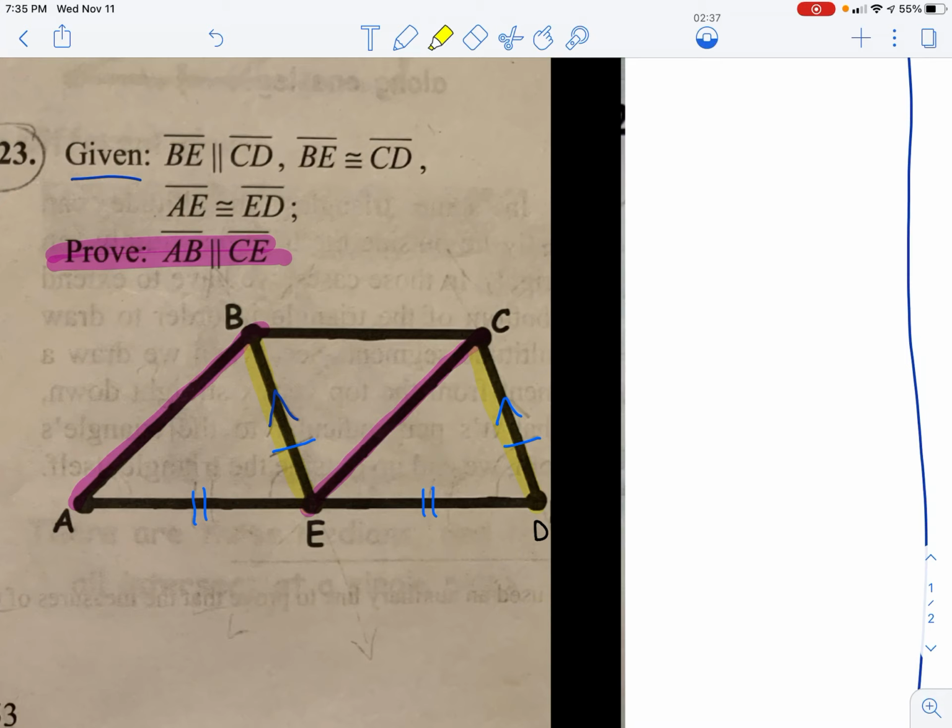When I did the proof before I checked the answer key, I used this line here as the transversal, and I found alternate interior angles to be congruent. And it worked me through to an appropriate, correct proof. However, the author is helping us to see another transversal line coming through here, so we're going to follow that.